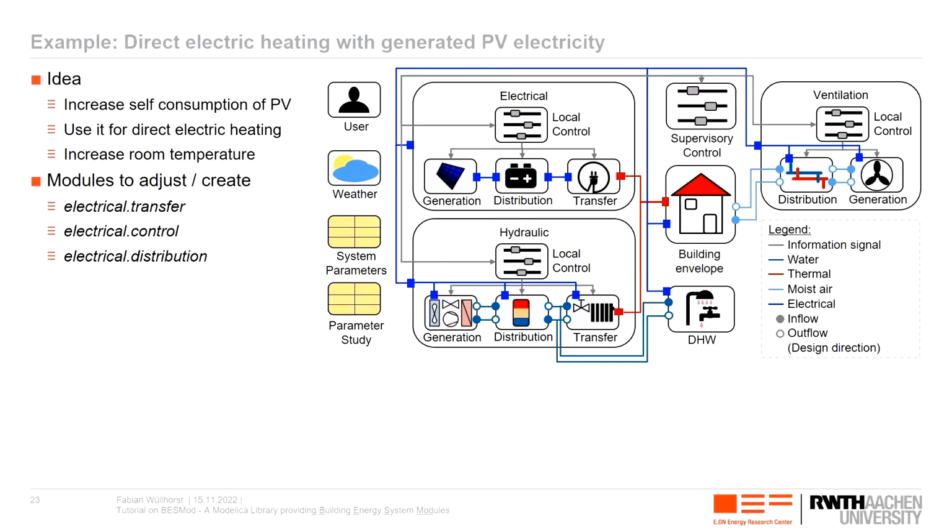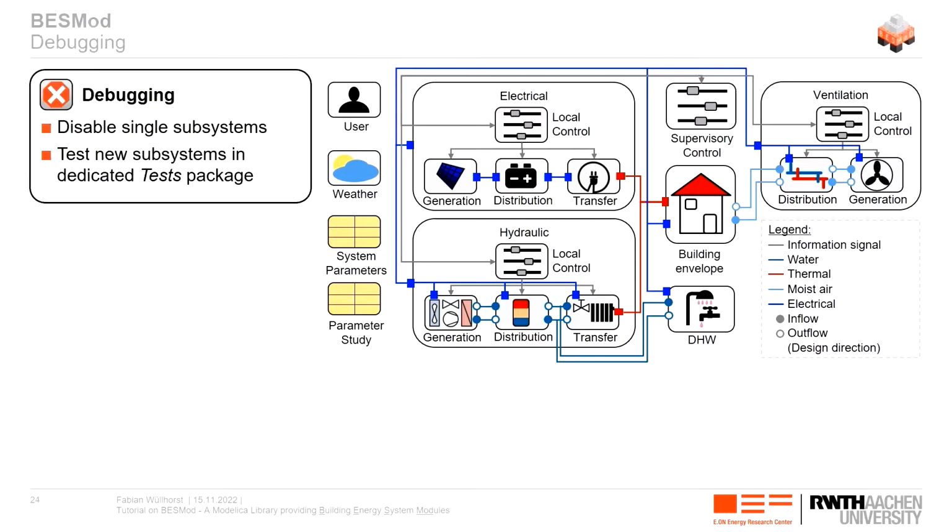And to do this, we basically have to adjust or create a transfer model. We have to create a control model because we have to control this. And maybe we also have to adjust distribution if we need measurements on how much electricity is generated. Afterwards, if we implement this, we can also enable debugging.